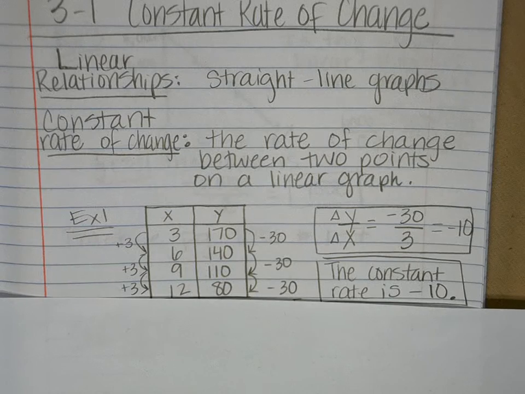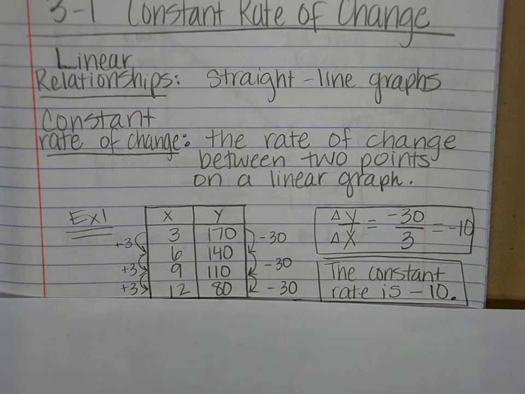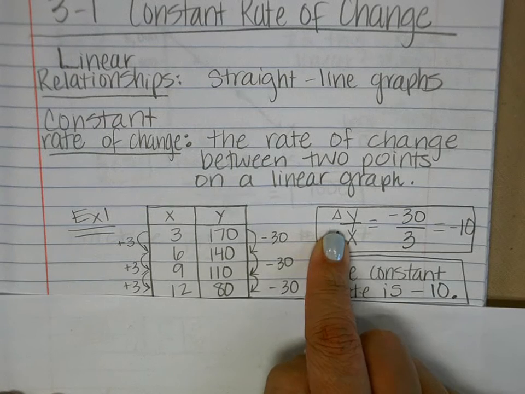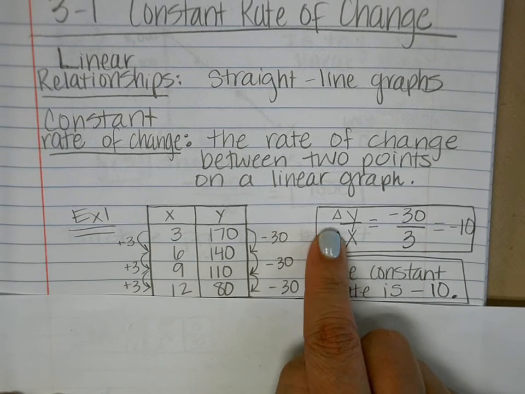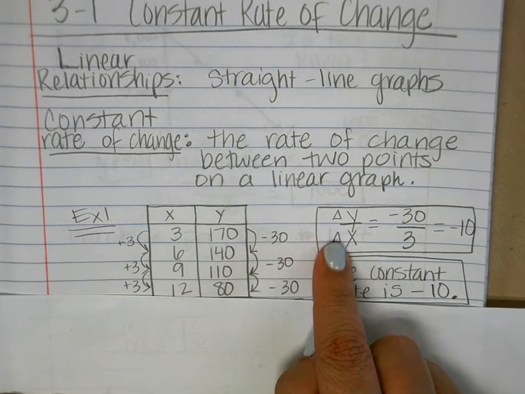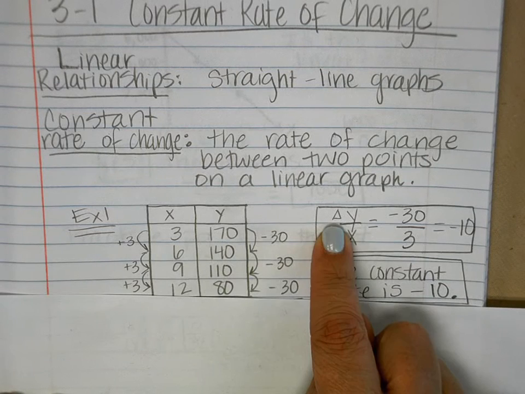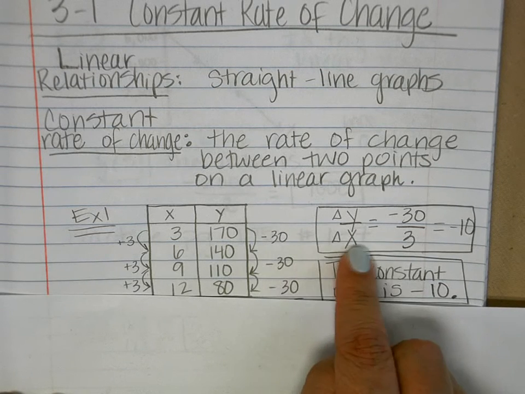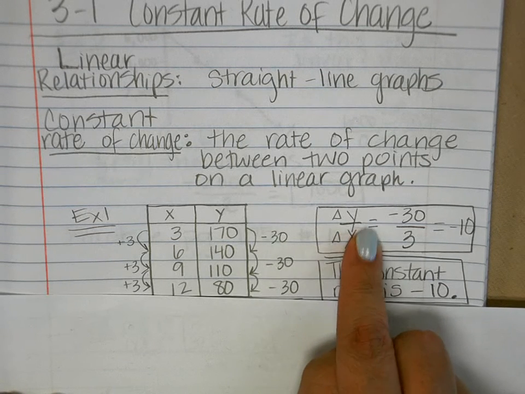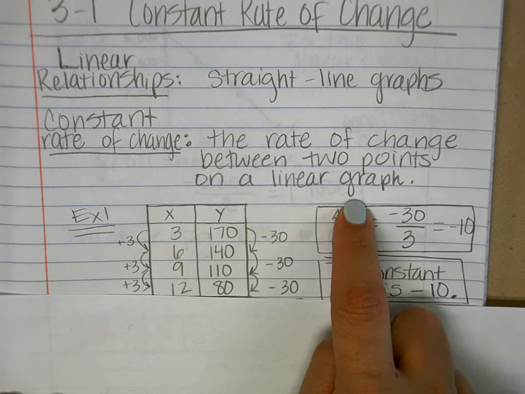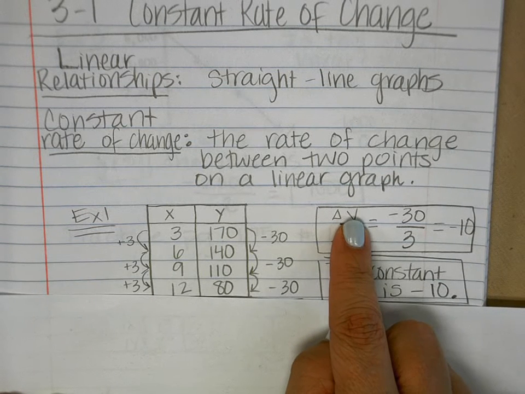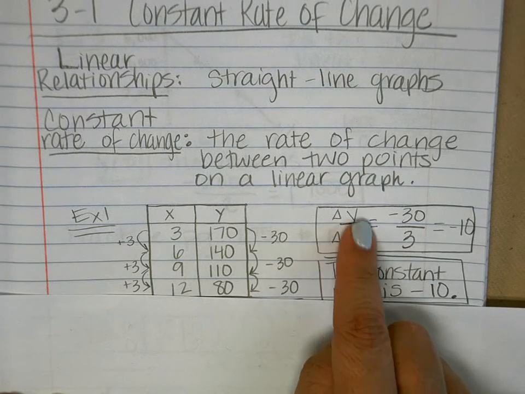Now how we write these is we always write the change in Y over the change in X. So this little triangle means delta. Have you guys seen this sign before? Okay, good. So delta means change. It's Greek, right? So this is the delta Y over delta X, which means the change in Y over the change in X. And Y always goes on the top. Y is always the numerator.